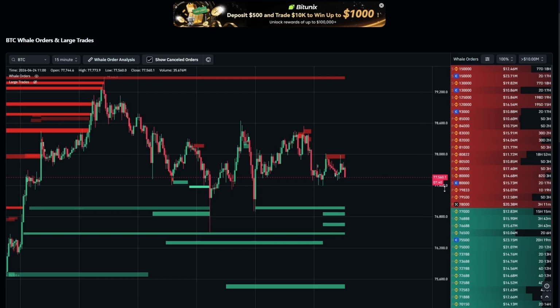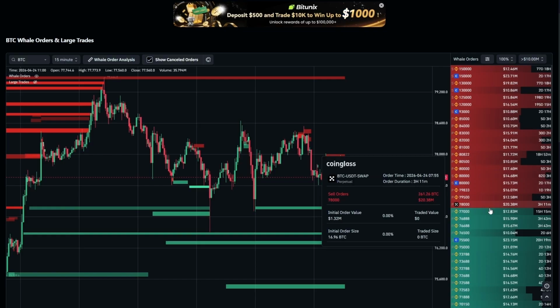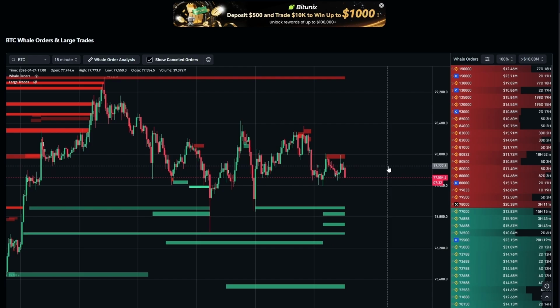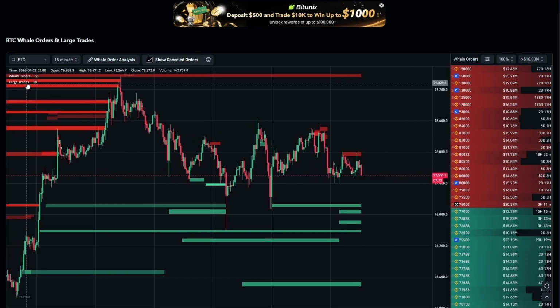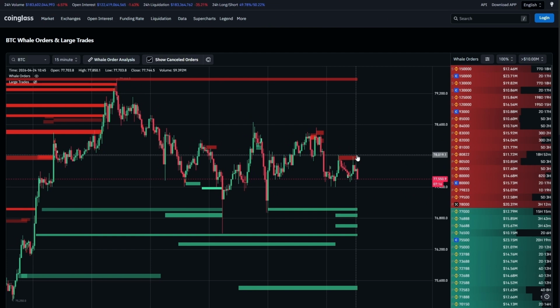So are these lagging? I don't know what's up with this. I don't see them on the bookmap neither, so I assume these orders lag a little bit behind. I'm not entirely sure, but nevertheless, this is a free option if you don't want to buy the CoinAnk one.